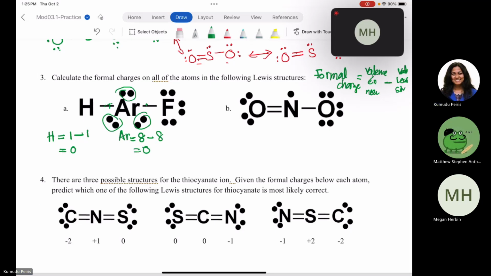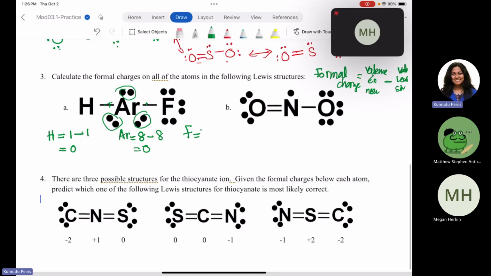Right. When it comes to the fluorine, what is the number of valence electrons for the fluorine? It is 7. Now, how many unshared electrons here? We count both electrons for the fluorine because those lone pairs are not shared with anything else, right?